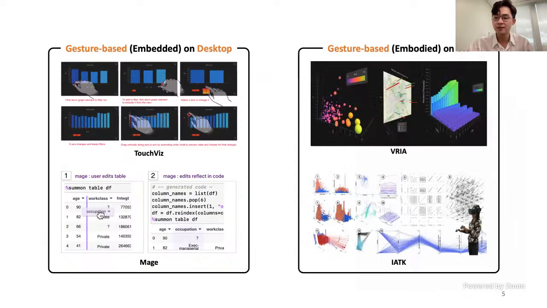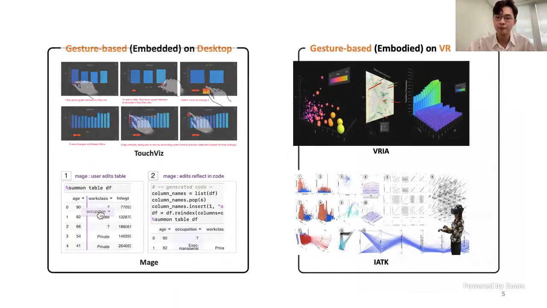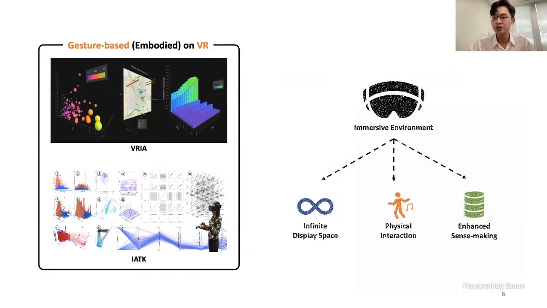Based on their successful exploration, it has been extended into the immersive environment. And they found that performing such gesture interaction within this immersive environment was even more effective and intuitive, because such interaction naturally involves our natural body movement. And by having this intuitiveness, it improves the sense-making process, which is frequently required when we're doing data science tasks.